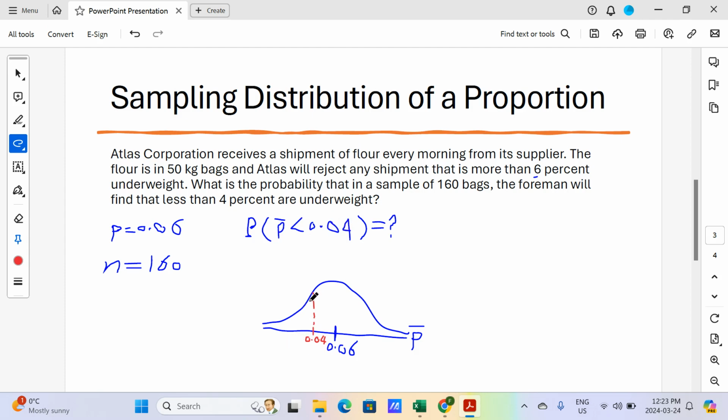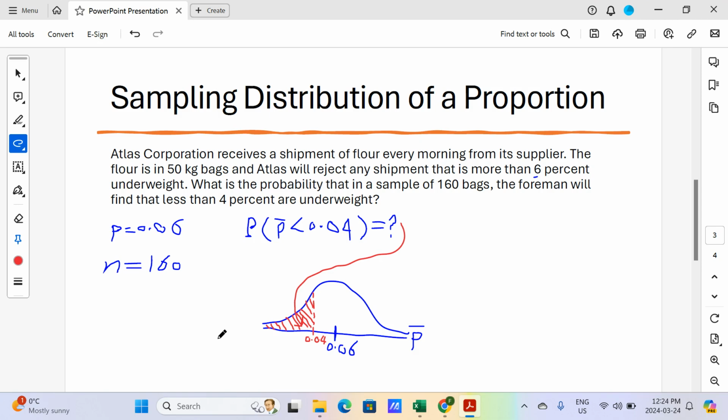So I'm looking for the area of this part. It's the probability that I'm looking for. I can find the area of the shaded part, the red part, easily by Excel.